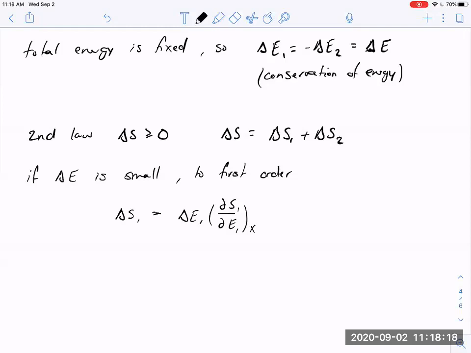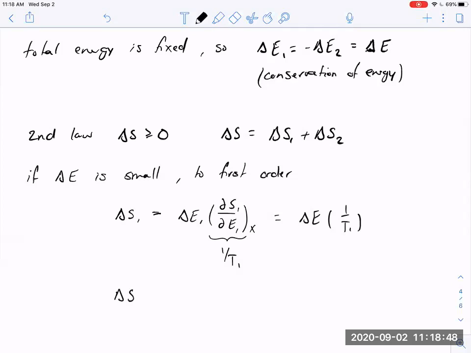Now, how the entropy changes with energy, well, that's what we meant by temperature, specifically 1 by temperature. That means the corresponding change in entropy is delta E times 1 over the temperature of that system over on the left.